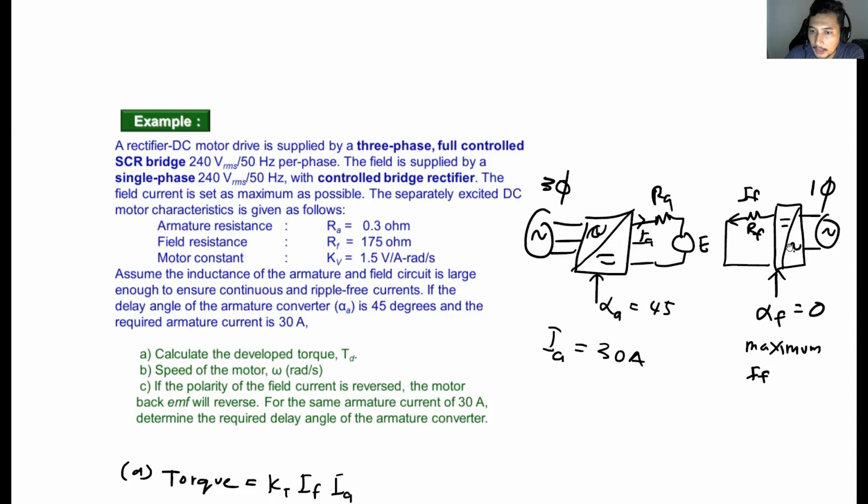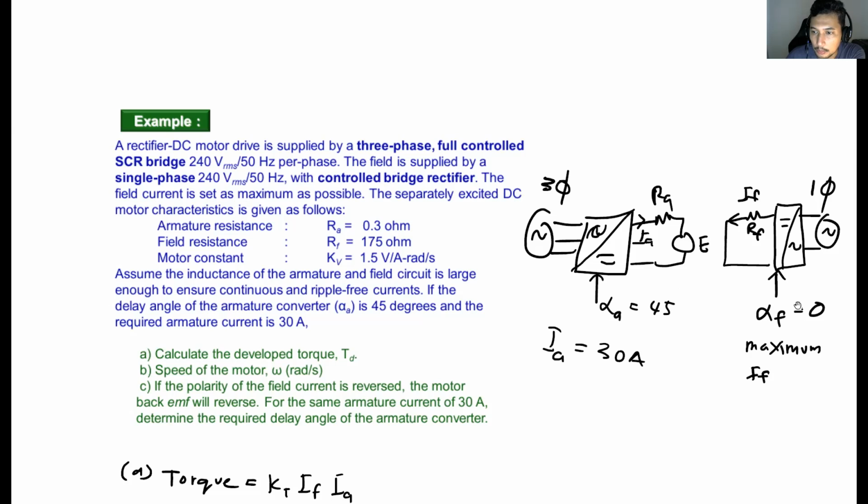The firing angle is 45 degrees for the armature circuit, but for the field circuit, it says the field current is set as maximum as possible. So from this sentence, indirectly we can say that the alpha of the field circuit is 0.